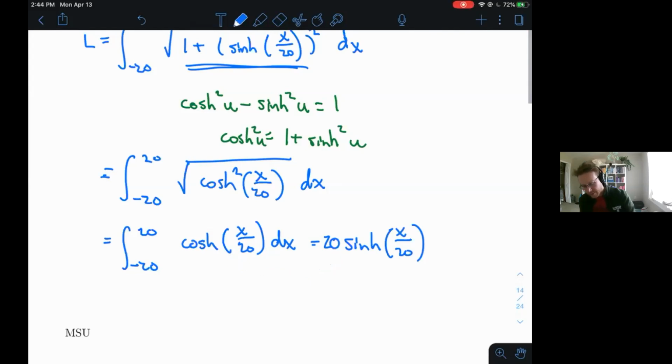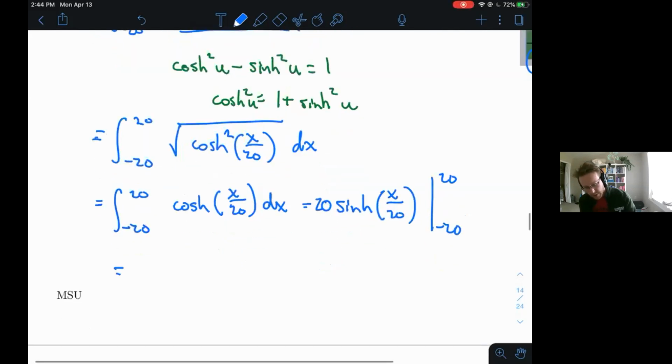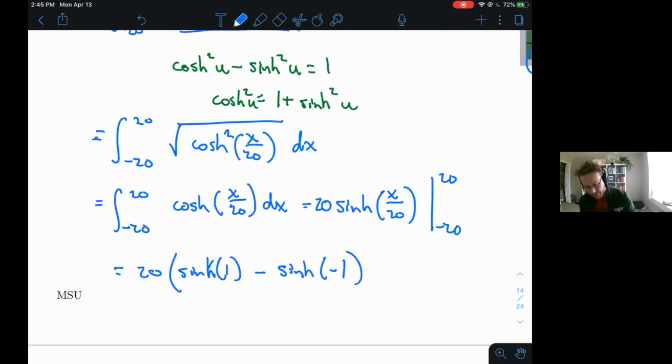Now we need to evaluate from -20 to 20. When we do this, we're going to have hyperbolic sine of 1 minus hyperbolic sine of -1. Oh man, I'm really tempted to plug all these things in.